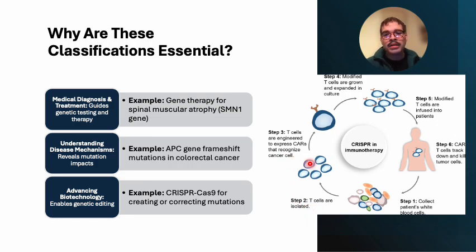The T cells are then engineered to express receptors that recognize, let's say in this example, cancer. And then the fourth step is modifying the T cells and growing and expanding a culture, so you have enough of them to target the site of interest. Step 5 is that the modified T cells are infused into the patient, which is the host.